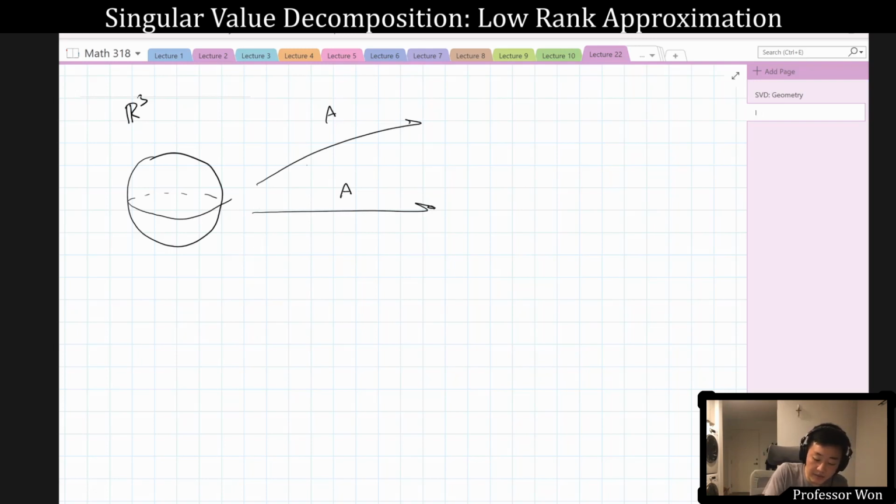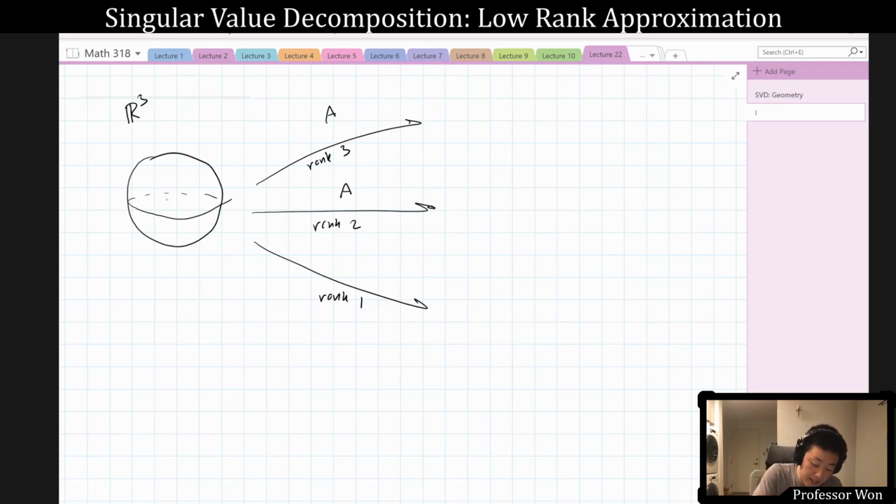A could have rank 3, it could have rank 2, it could have rank 1. It could also have rank 0, I guess, but then it would just be the 0 matrix, right? And again, the rank is at most the dimension of the domain or the dimension of the codomain, whichever one is smaller, because that's the number of rows or the number of columns, right?